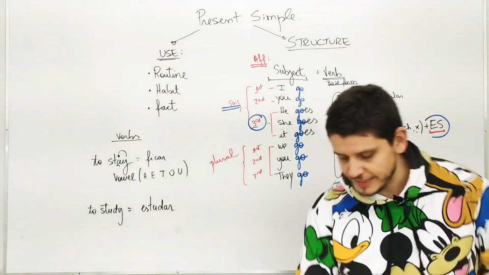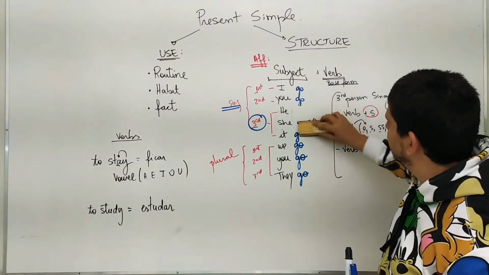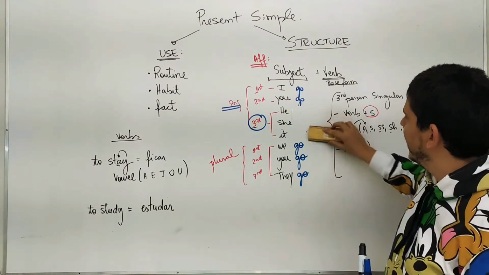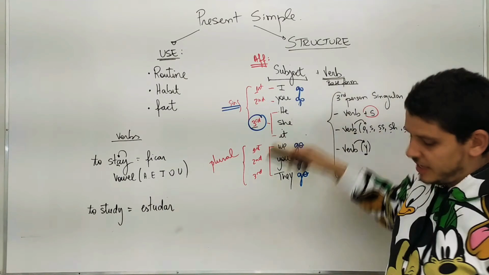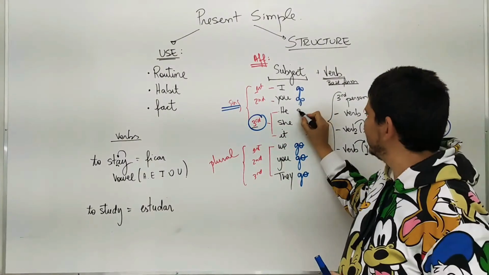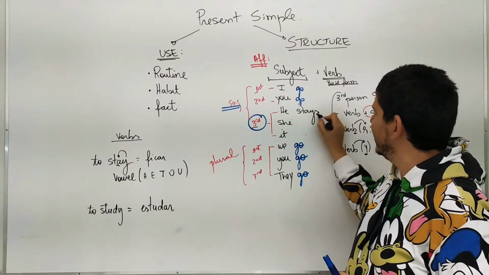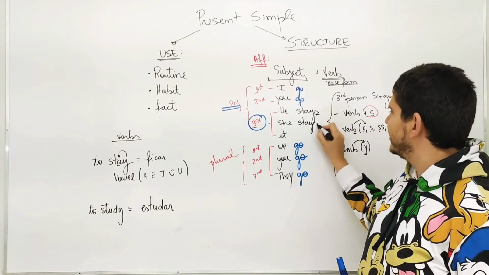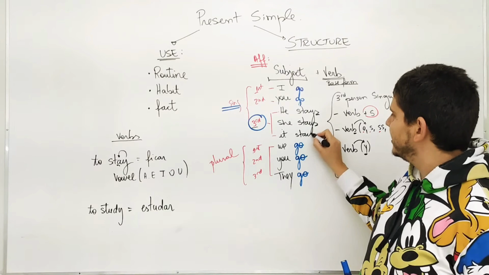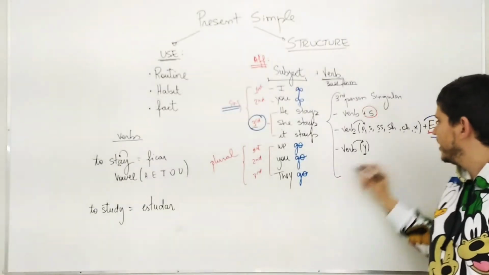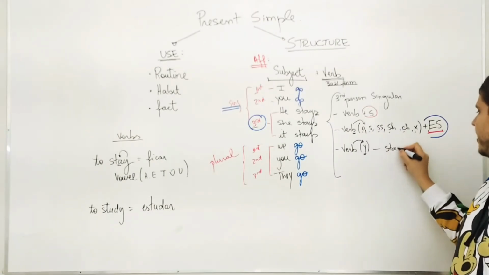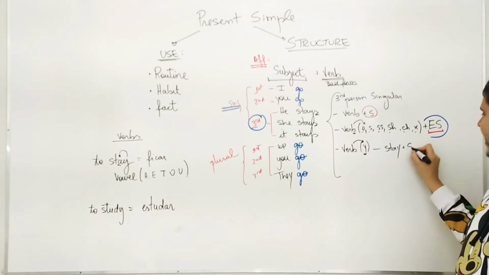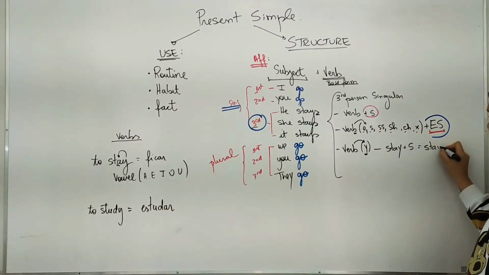For example, let's use verb stay here. I stay, you stay, but he stays. I added this S. She stays. It stays. Good. So with stay, nothing happens. We only add S, stays.